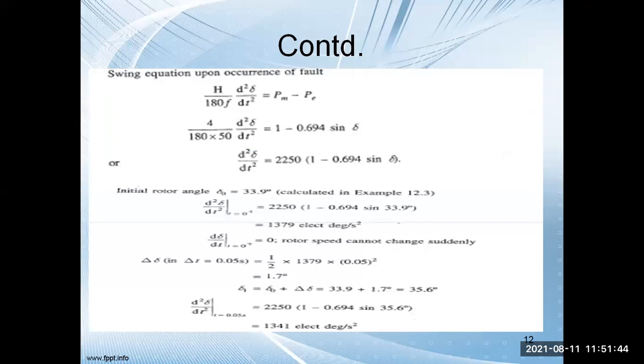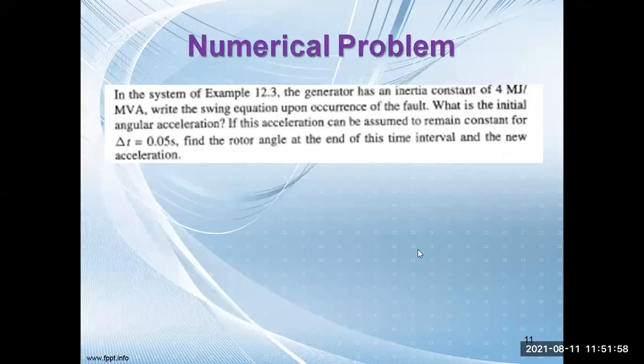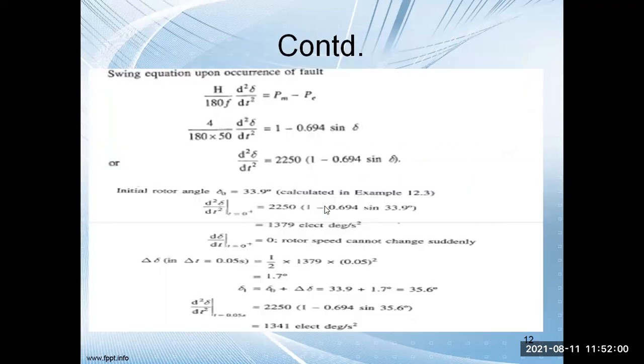Now the swing equation we know: H by pi f, pi is 180 f, into d2 delta by dt square, equal to Pm minus Pe. This is a well-known equation. You also know this equation. Now the H value here is given as 4. Frequency is 50 Hz.